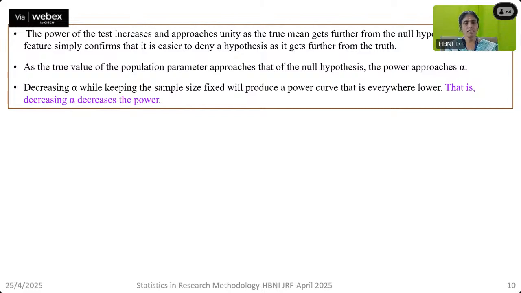The power of the test increases and approaches unity as the true mean gets further from the null hypothesis value. The power is defined like that only: the ability to reject the null hypothesis when it is false. So it is easier to reject the hypothesis as it gets further from the truth.